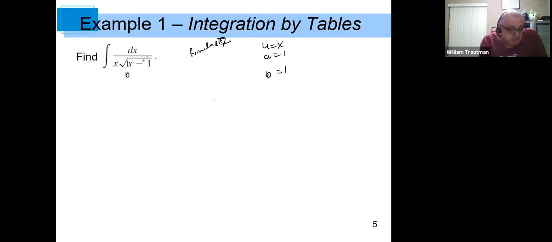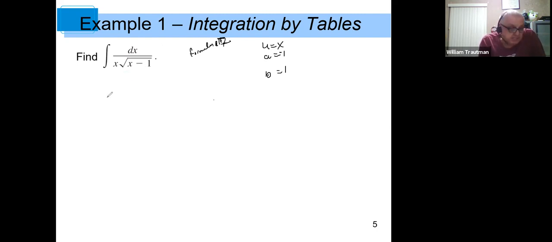There's a positive in front of the B and the X. It's a positive 1. But there's a negative in front of this 1 with the A. And if you look at the formula, A is just by itself. So A is a negative 1 in this case. Okay, so I think we're all set up.